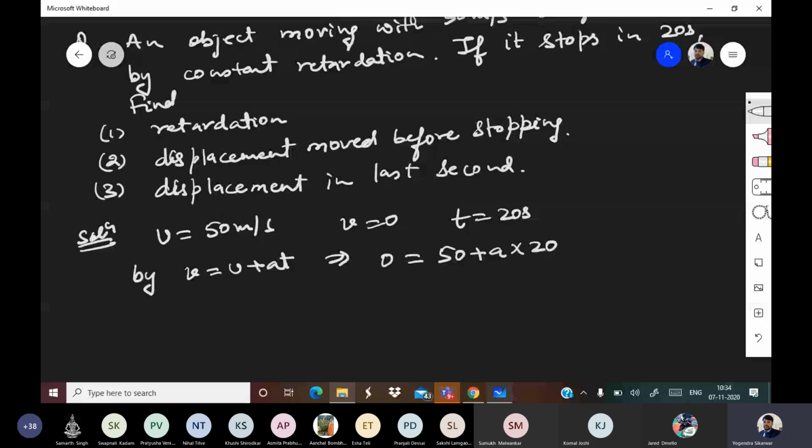So A comes out to be minus 5 by 2 meters per second square. Here the negative sign indicates that it is retardation.